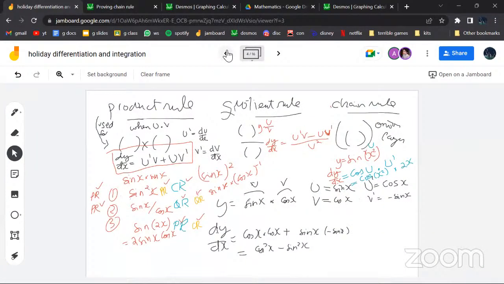Which part am I circling? The second one. Right. So when we were doing that, did we differentiate this and then the result is this becomes cosine x over minus sine x? Did we do it that way?